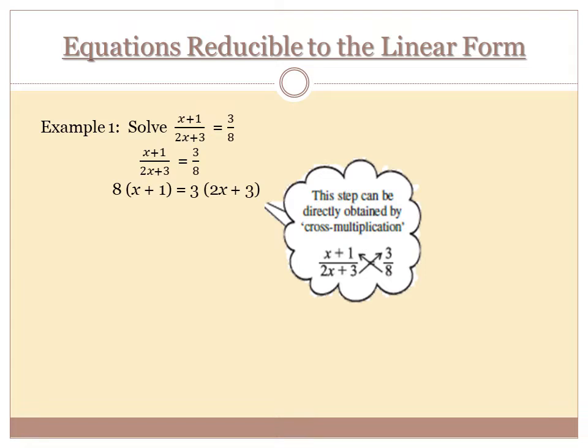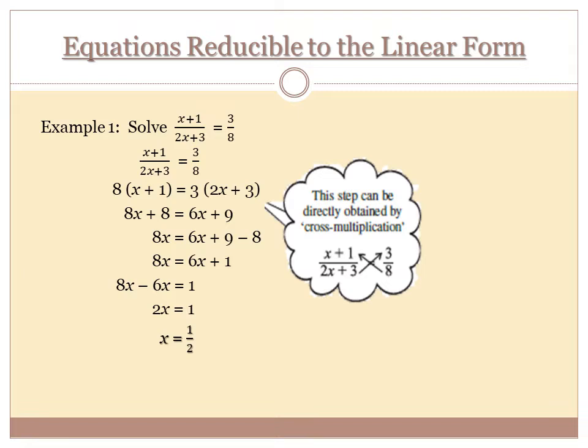We can multiply 8 to (x + 1) and 3 to (2x + 3). 8 into x, 8x, plus 8 into 1, 8, is equal to 3 into 2x, 6x, plus 3 into 3, 9. Now, after solving, you will get the value of x as 1 by 2. The solution of this equation is 1 by 2.